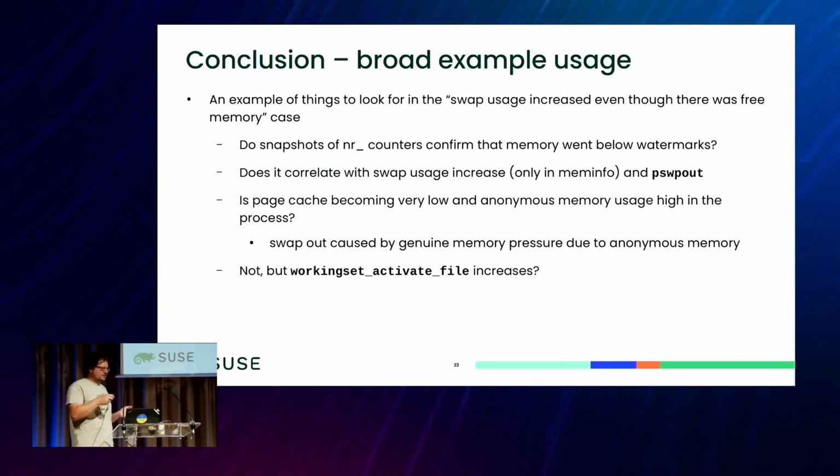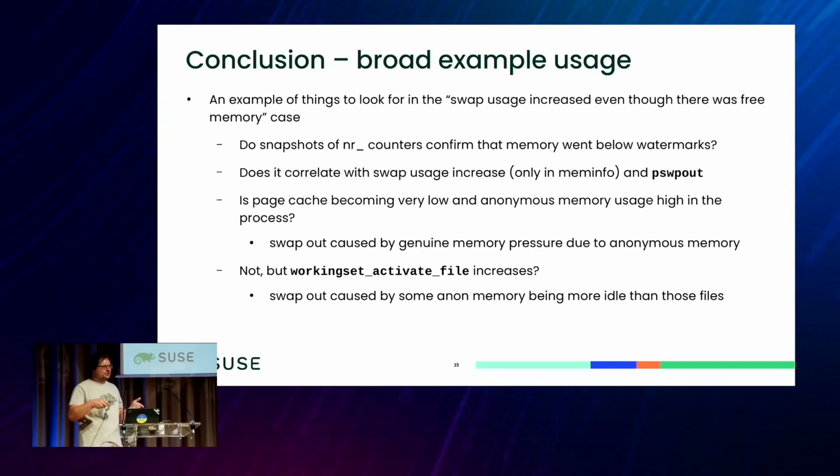But when it wasn't that bad, but we saw workingset_activate_file increases, it means that the mechanism worked and it detected that some of the anonymous memory is actually colder than some of the page cache. So it makes sense to swap out these cold anonymous pages.